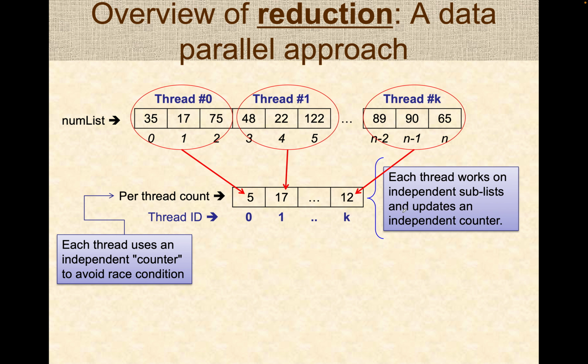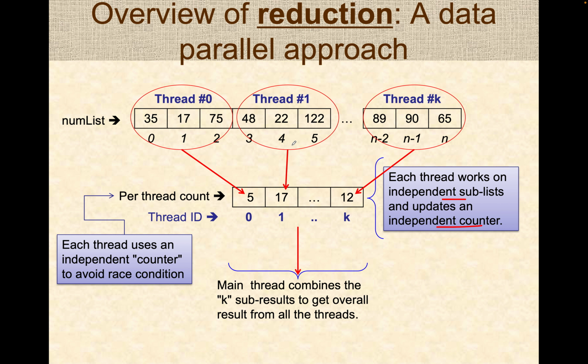Each thread works on an independent sublist and updates an independent counter, so no two threads will update the same counter. Consequently, race conditions will not occur. That's important to keep in mind. That means thread 0 updates index 0, thread 1 will update index 1, and it will not update any other index. We are going to write the code that way, and consequently, race conditions cannot occur.